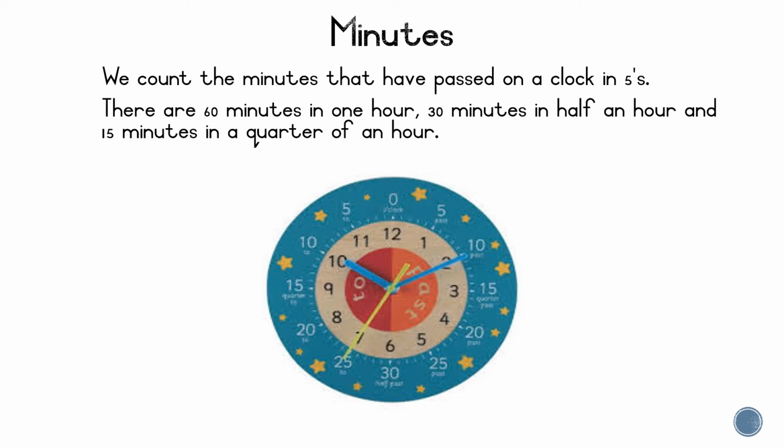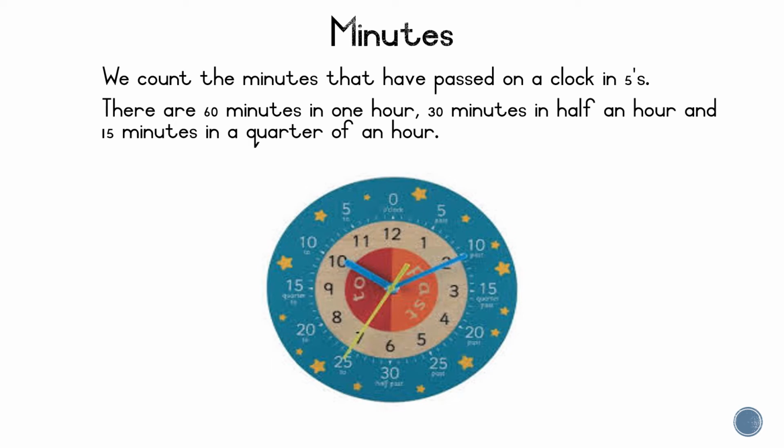Now remember, the half on the right side will always read as past, and the half on the left side will always read as to. When we read the time on the left side of the clock, we look at how much time is left until we reach the full hour. That's why they talk about to.